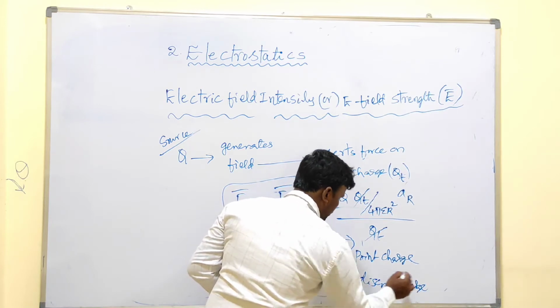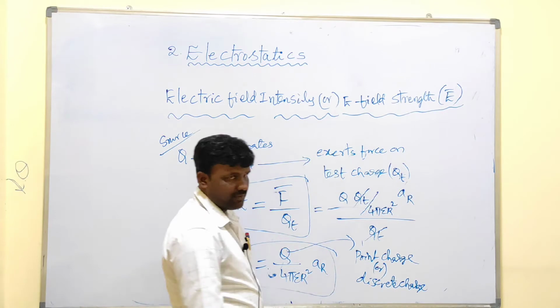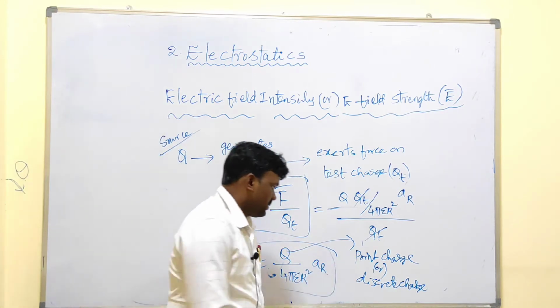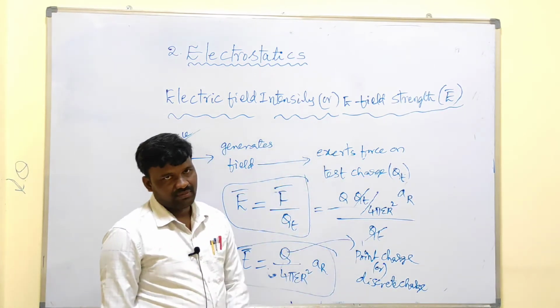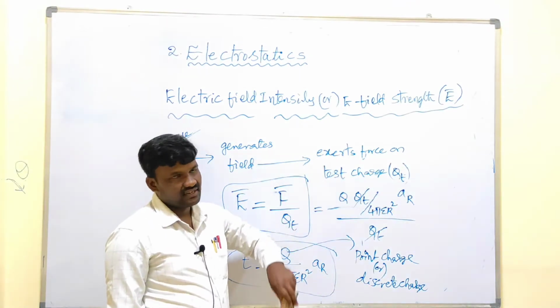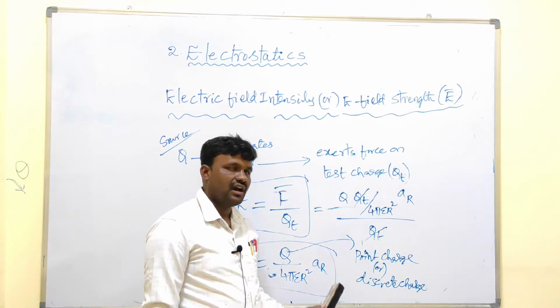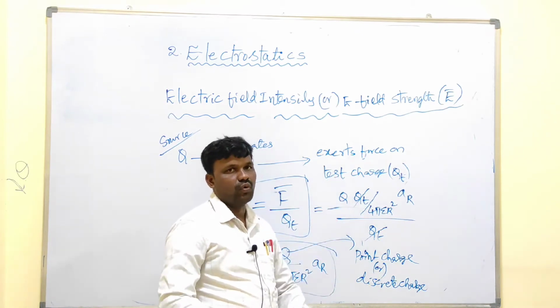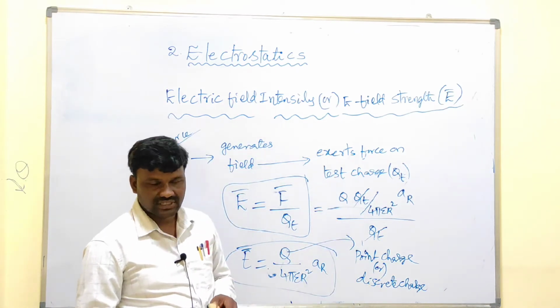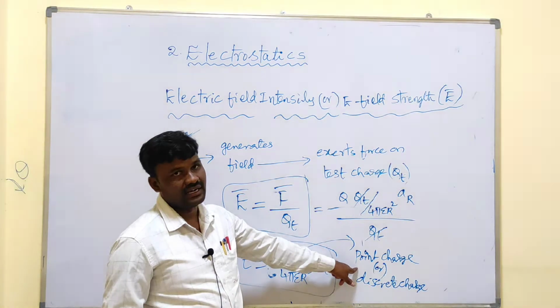In practical cases, charge is distributed uniformly along a line, which is called line charge, or it may be distributed along a surface, which is called surface charge, or it may be distributed through a volume, which is volume charge. So these are the types of charges.